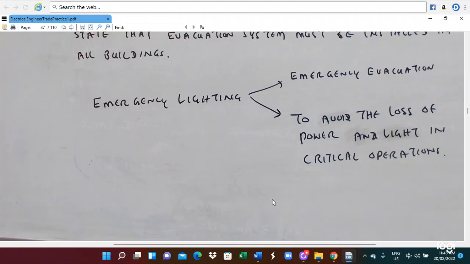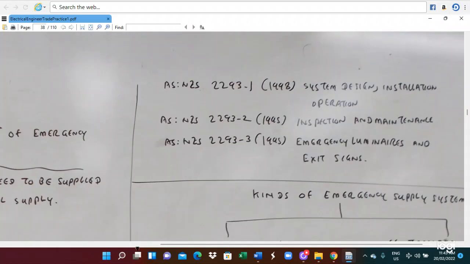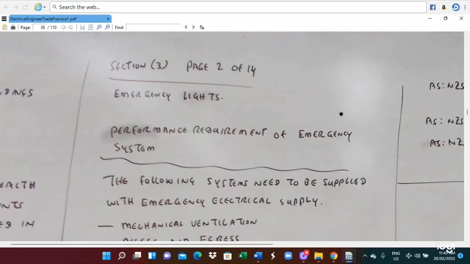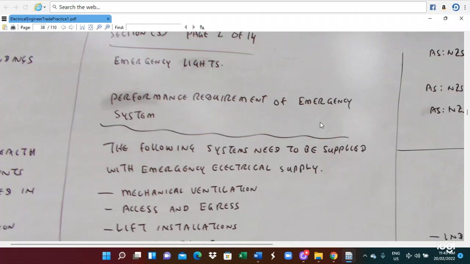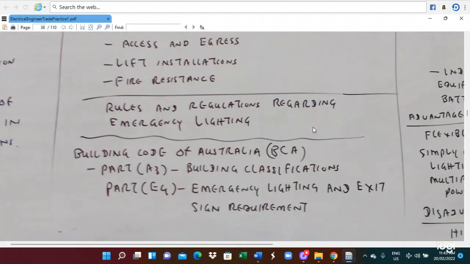Therefore, emergency lighting systems utilize emergency lights. The system needs to be supplied with an emergency electrical supply. In this case, we also have to consider mechanical ventilation, access and egress, and the fire system installation. Those things are requirements for the emergency system. In the Building Code of Australia, Part A3 explains building classification, Part E4 covers emergency lighting, and A6 covers sign requirements.